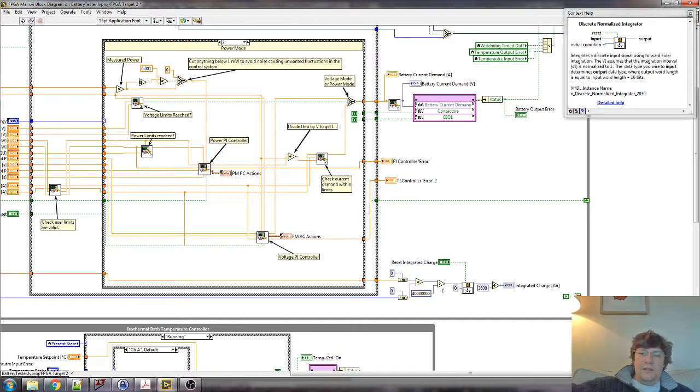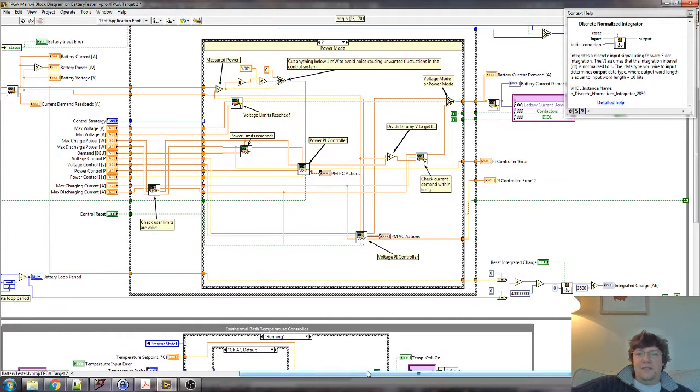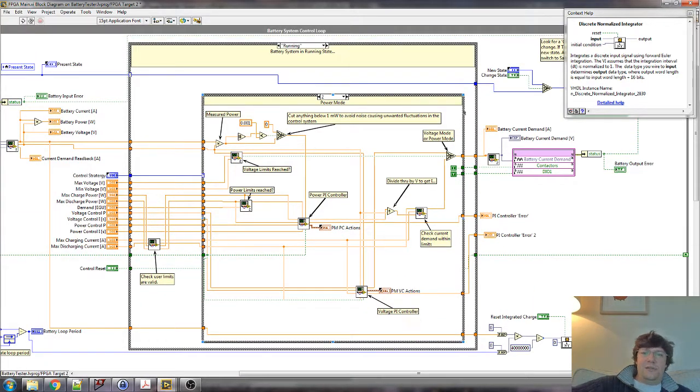Actually, this whole business we have here is not particularly demanding of the amount of resources on a 9637, sbRIO 9637. So it's okay to do this.